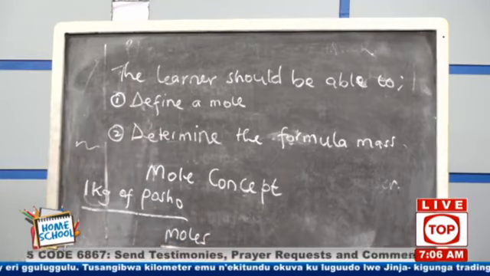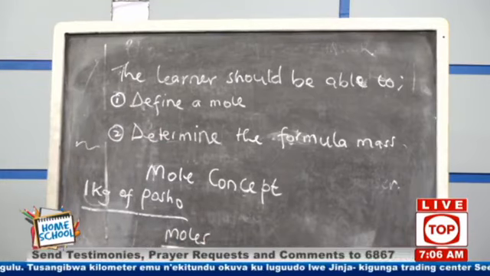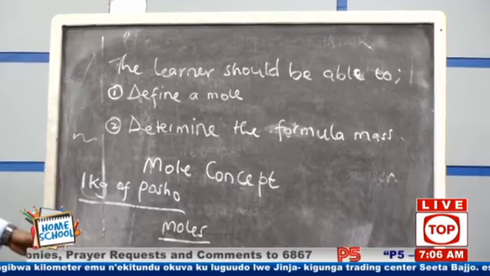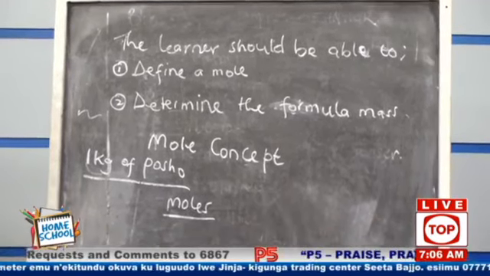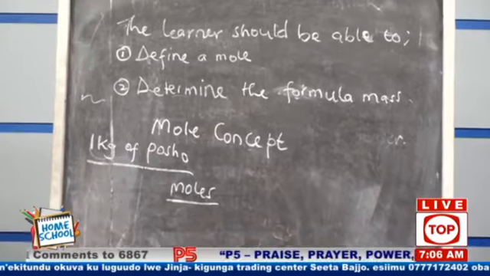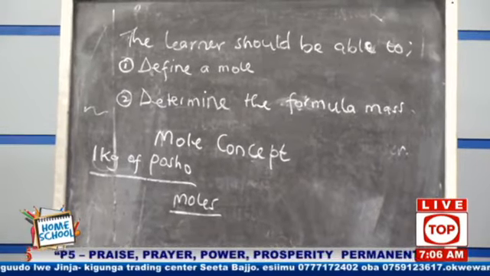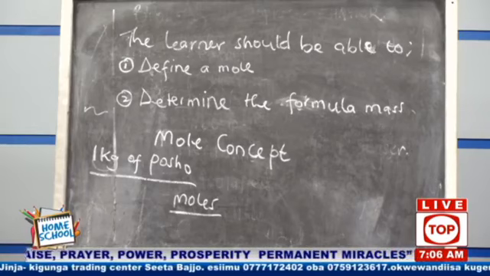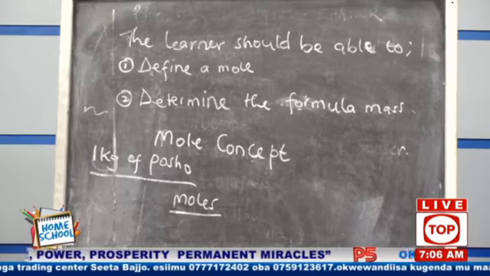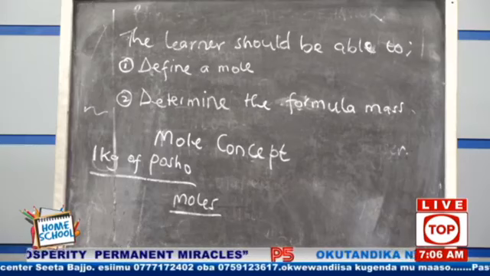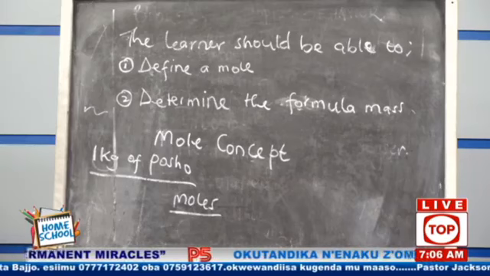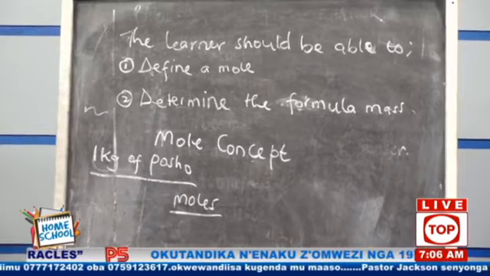The group names are, you say this group is called a mole, all right? So a mole, if I'm to group posho and say 1 kilogram, what do I expect in 1 kilogram? How many particles do I expect to be in 1 kilogram of posho, all right? So if I say a mole, how many particles do I expect to be in that group?